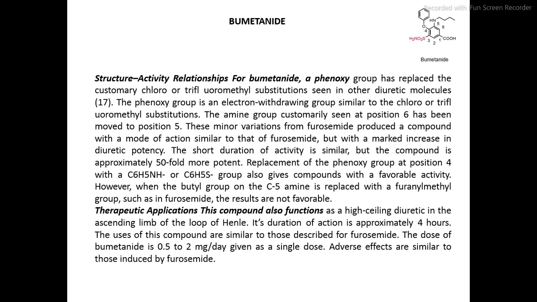It produces that activity through these sulfhydryl groups, and when the double bond of ethacrynic acid is reduced, as we have seen, because of Michael addition, there is a reduction in the double bond.